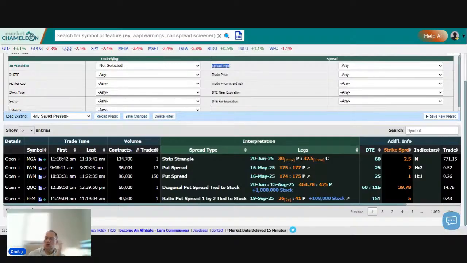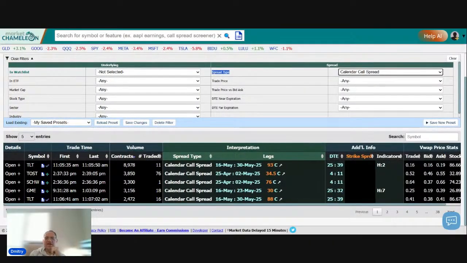So let's click on calendar call spread, and now what it'll do is retrieve the stock symbols that we detected have calendar call spreads, and it'll list it by largest volume. So let's click on that. And now you see the calendar call spreads.